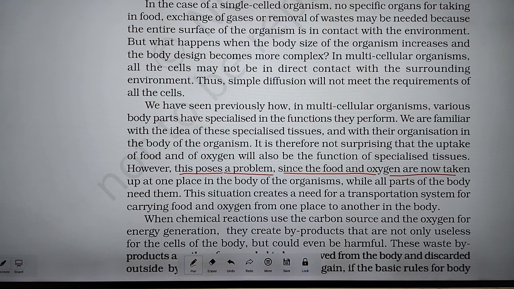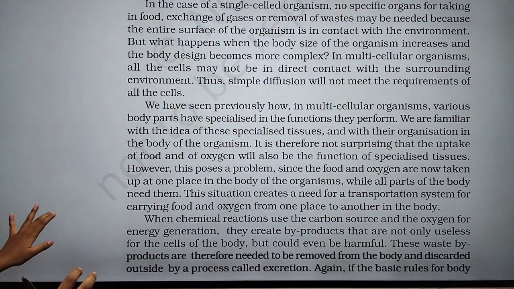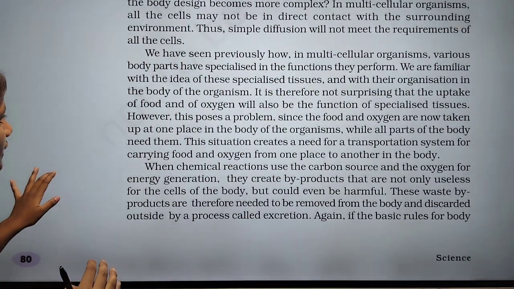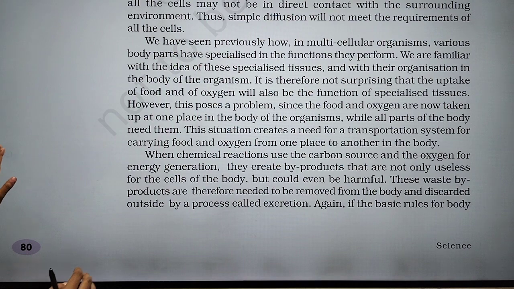All parts of our body need oxygen and food.